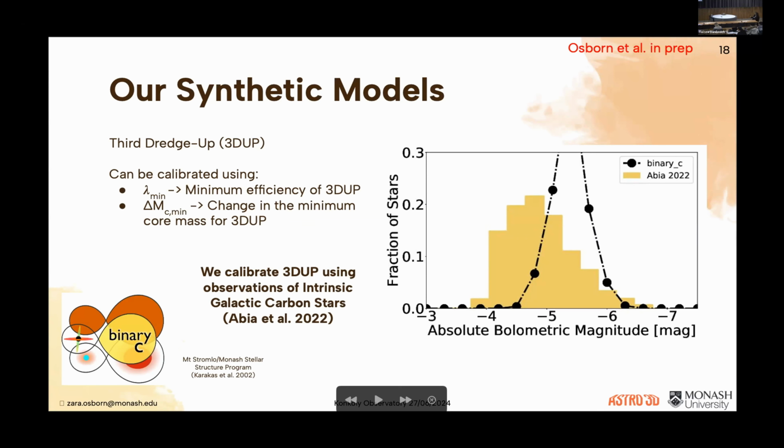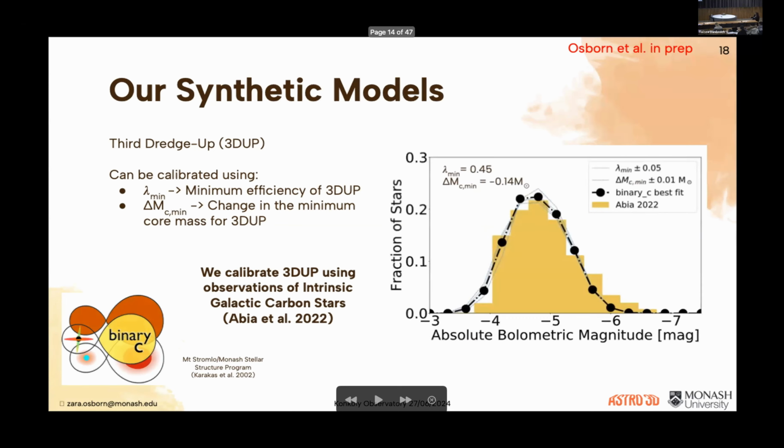So by changing the minimum efficiency of the third dredge-up and the core mass where it begins, we are able to calibrate our models so that they better reproduce observations. But doing this has consequences, as by effectively increasing the number of third dredge-up events, we are also increasing the physical amount of s-process elements that are being ejected by our stars.